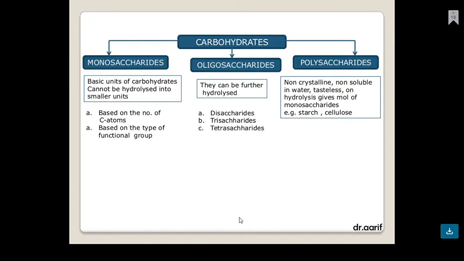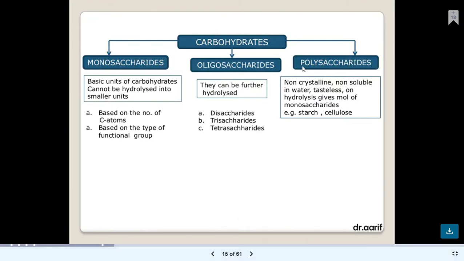So carbohydrates are basically divided into three categories: monosaccharides, oligosaccharides, and polysaccharides. The oligosaccharides are further classified into disaccharides, trisaccharides, and tetrasaccharides. Monosaccharides are the basic units of carbohydrates, which cannot undergo further hydrolysis, and they are classified based on the number of carbon atoms and the type of functional group.